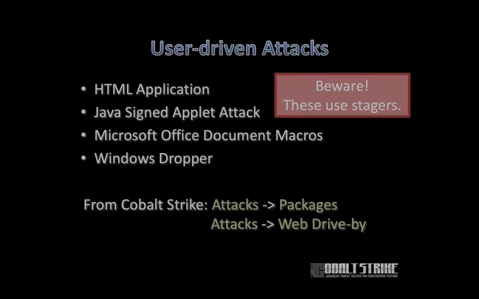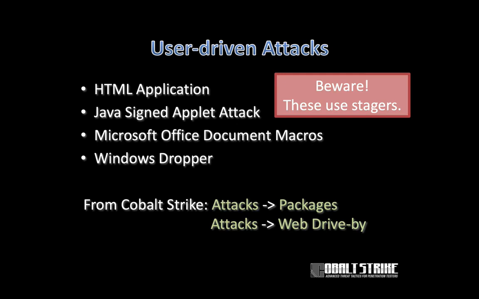Cobalt Strike does have several built-in user-driven attacks. You can export an HTML application that runs the beacon payload, a Java signed applet, a Microsoft Office document macro, or even an executable that runs your payload and drops a file to disk and opens that file.